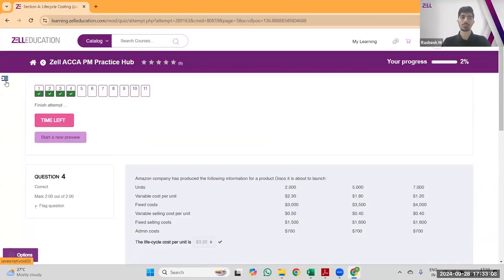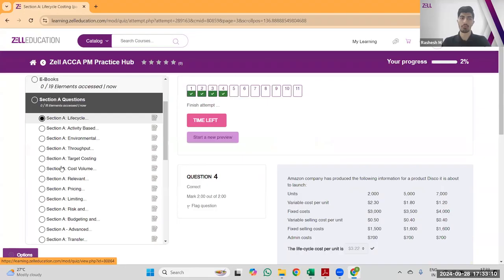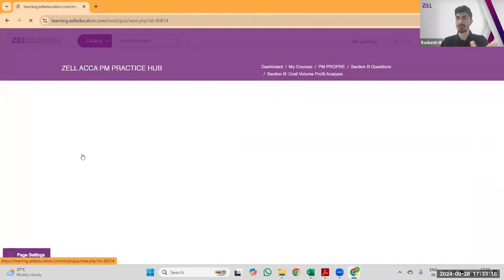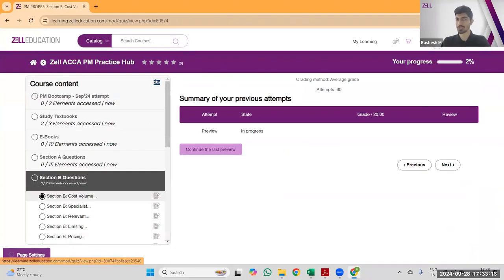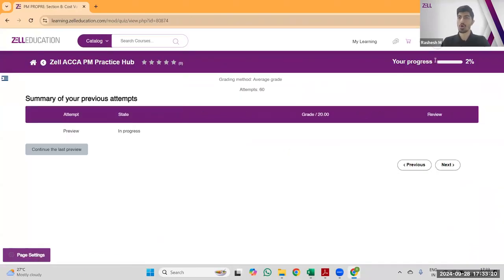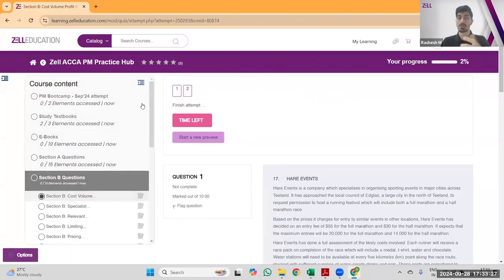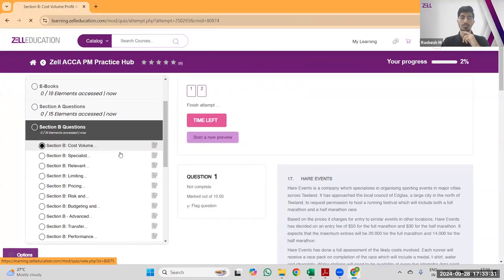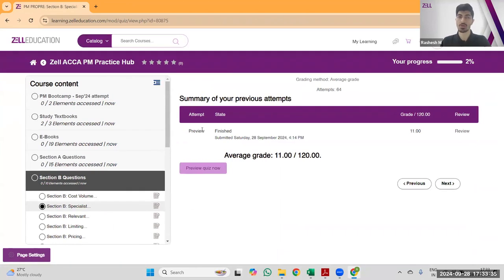All right, let's do a Section B question as well, so we start getting the hang of that. So Section B, guys: the 5 chapters, target costing, and the 4 chapters that we're going to do this week are all already covered. But you will also find some MCQs here and there from future chapters that you're going to learn.